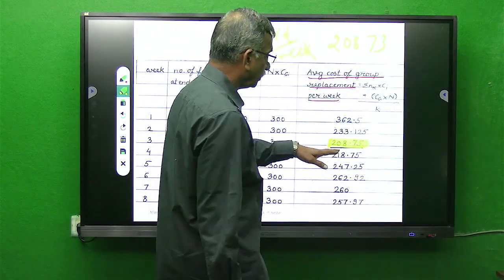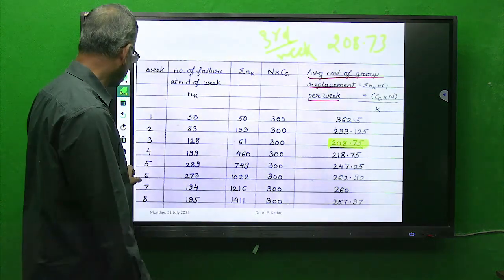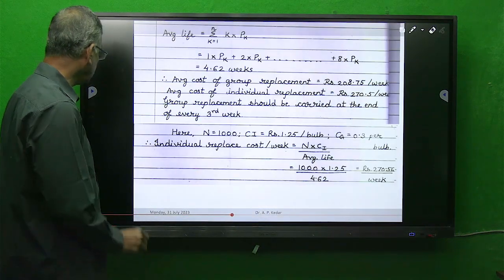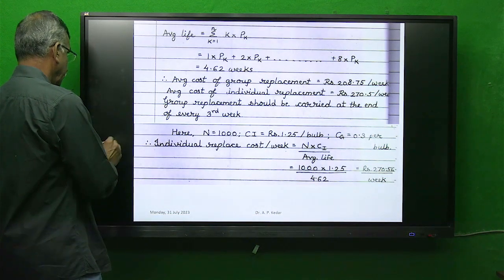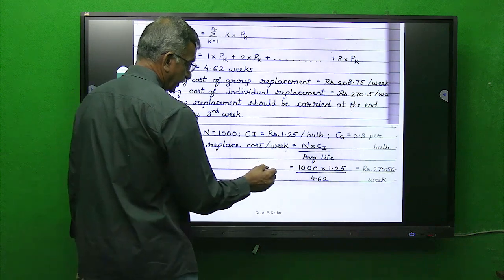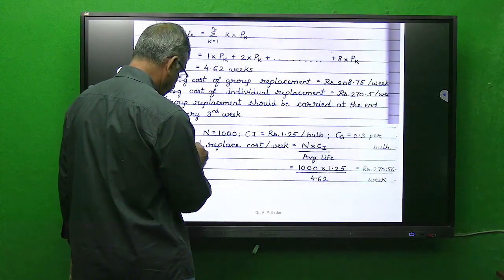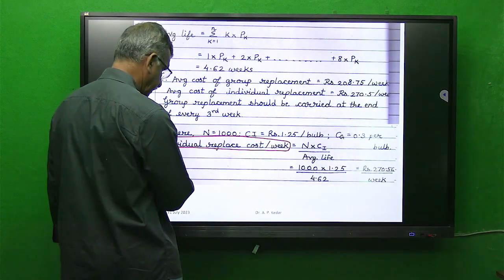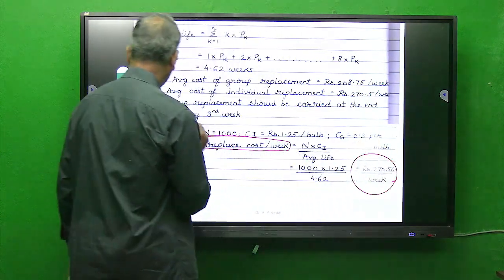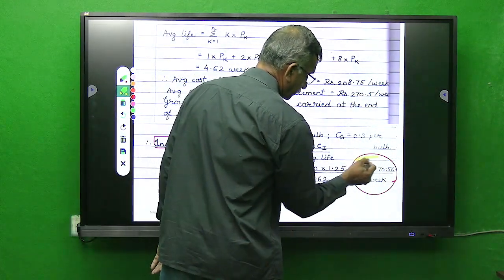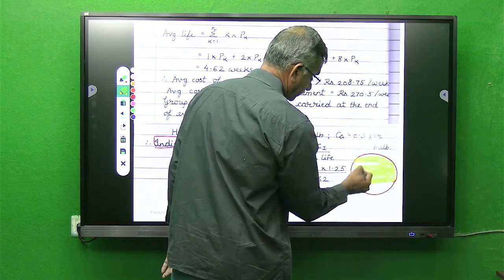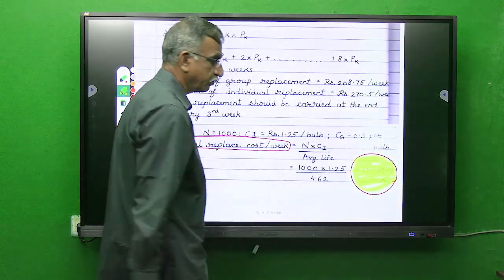Now we wish to compare this value with the cost of individual replacement. See here what I have done. I have calculated the average life, and based on the average life, the individual replacement cost per week comes to be rupees 270 per week.